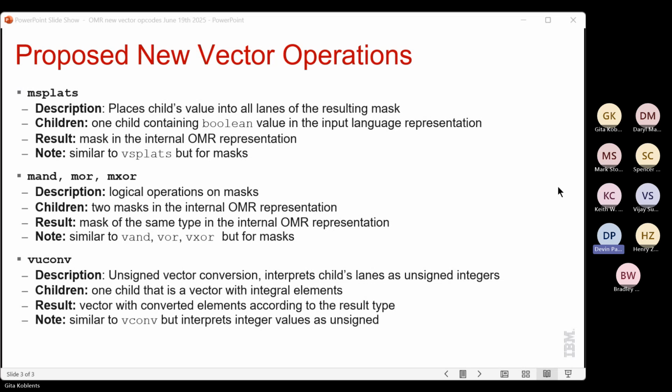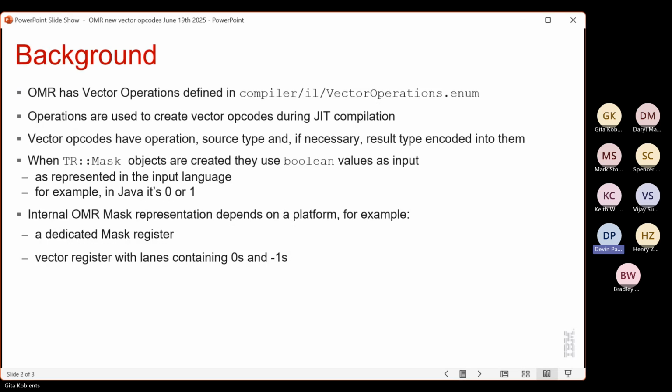My concern is that if we don't nail that down, the semantics of the mask splat operation will depend on what source language we're compiling, and I don't think that's a good way to go personally, but I just wanted to raise that.